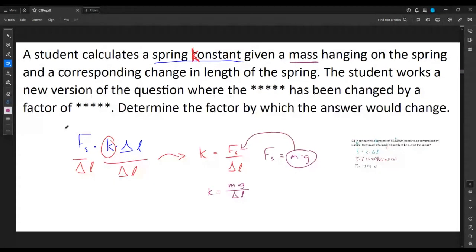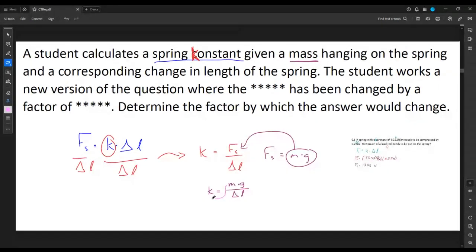So let's see what we can do with this from here. So, thinking through the different parts, let's say that the mass was changed. So we have 0.5 mass compared to whatever the original was. Then the ratio of the new mass to the old mass is 0.5.